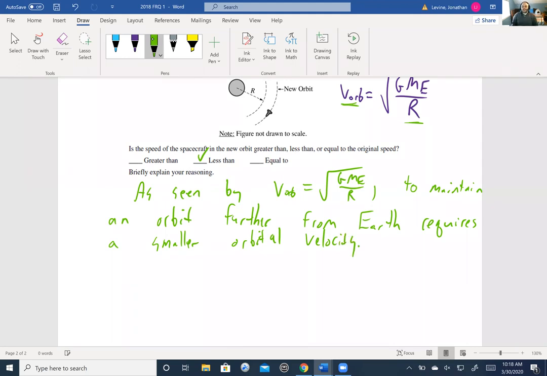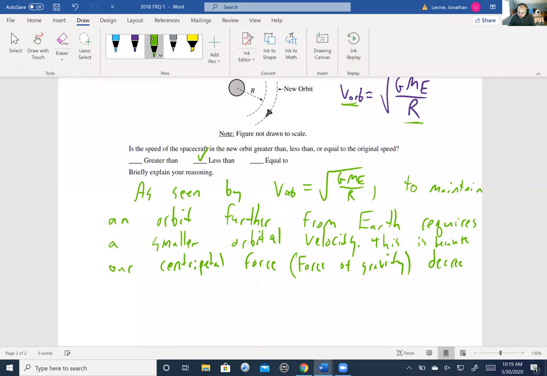Now, if we wanted to go into this a little bit further, we could even state this is because our centripetal force, and I might even put in parentheses, the force of gravity, decreases as we move further from Earth.